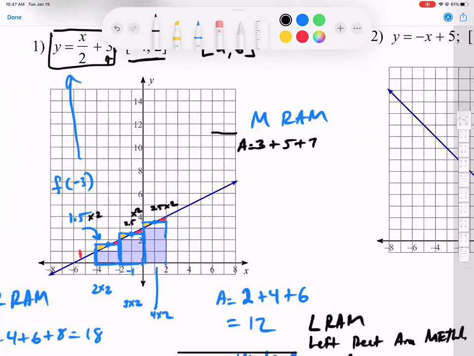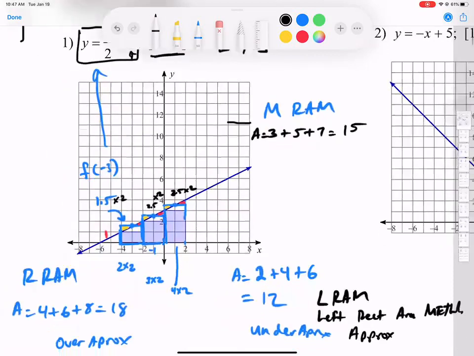And this approximation is about 15. So we had 3 different answers here. If we all agreed to use left point approximation, our answer would have been 12. If we all agreed to use right Riemann sum, our approximation would be about 18. And if we all decided to use midpoint approximation, our approximation would be 15.